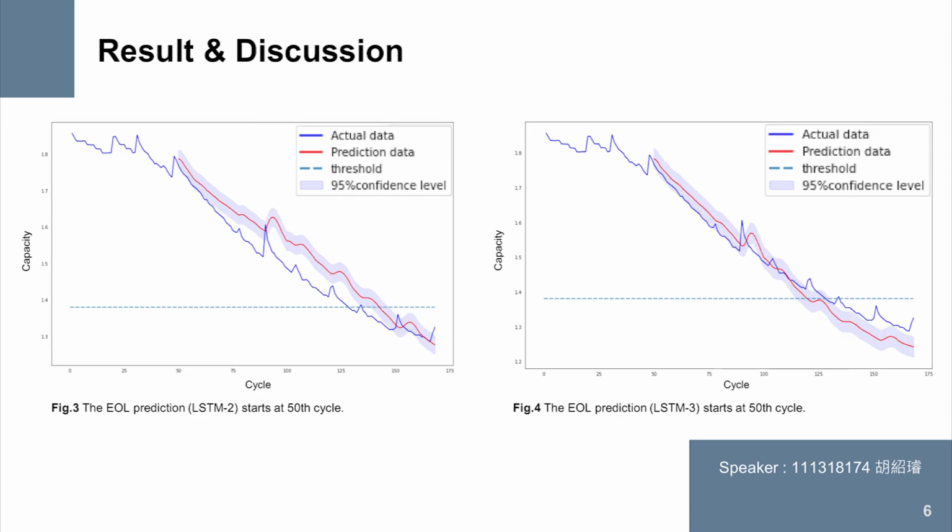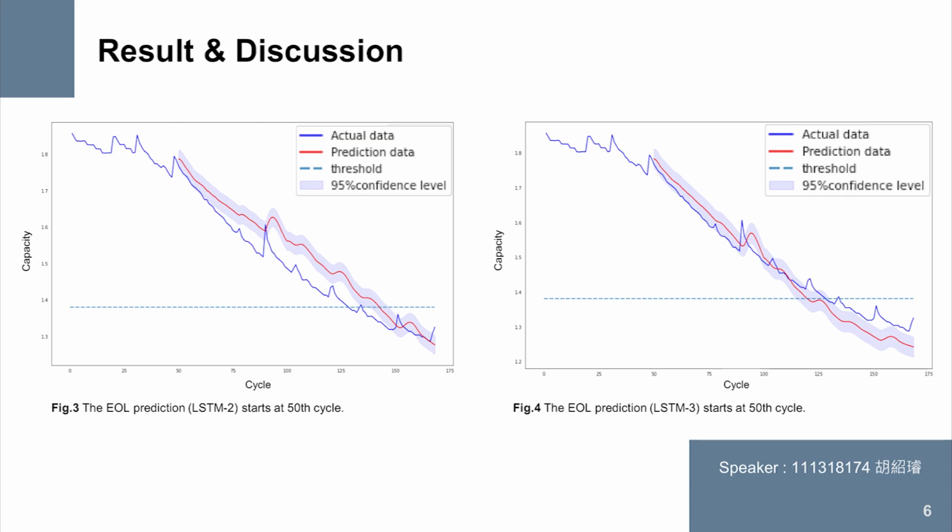And this page shows the LSTM prediction results after parameter adjustment. It shows that the LSTM result after adjusting the parameters is quite ideal. The prediction result in Figure 3 is 14 cycles after end of life occurs, while the prediction result in Figure 4 is 9 cycles before the occurrence of end of life.